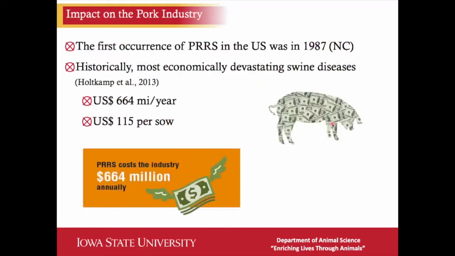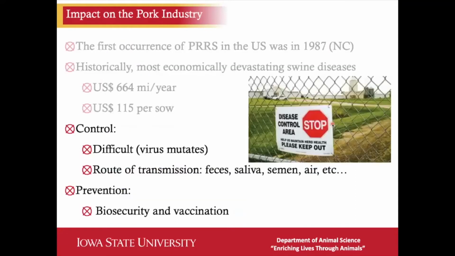Okay. We know PRRS has been around for a long time. It costs us about $1 billion per year in total, but from the disease itself, in production, we can think of almost $700 million per year. And what we have been doing in previous years is focusing a lot on biosecurity and vaccination.